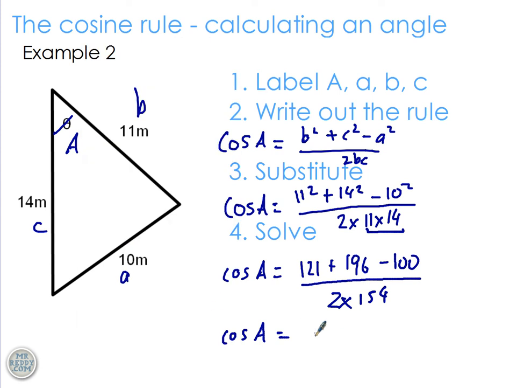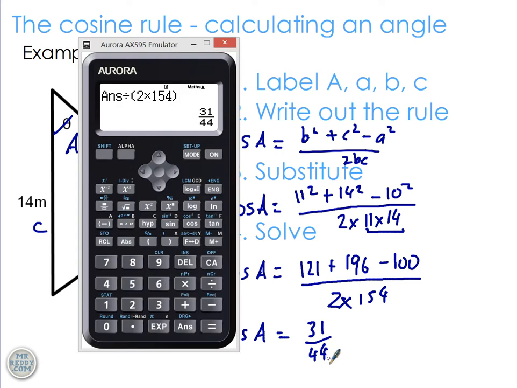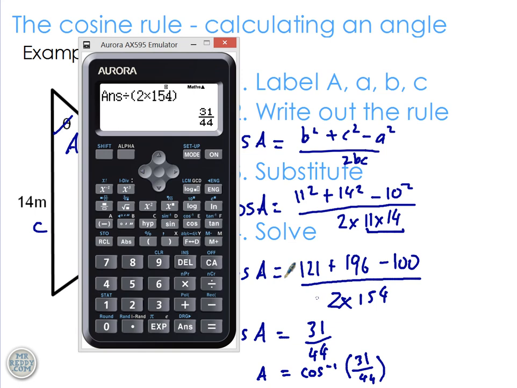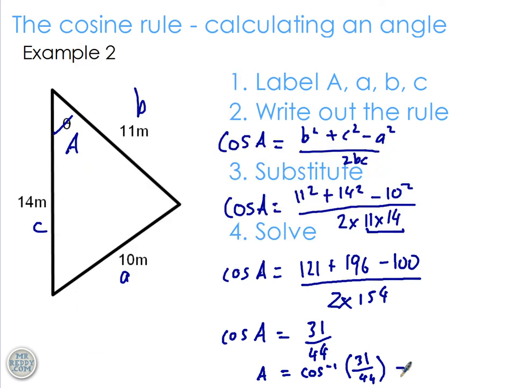Okay, so that's what cos of A equals. Is it 31 over 44? Yeah. So now A is the inverse cos, or arc cos, of 31 over 44. So keep that on the calculator and just do shift cos answer, close brackets, equals 45.2 degrees to 1 decimal place.